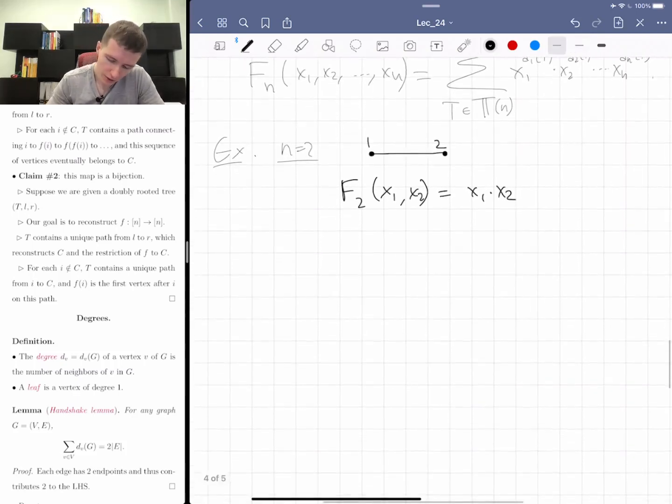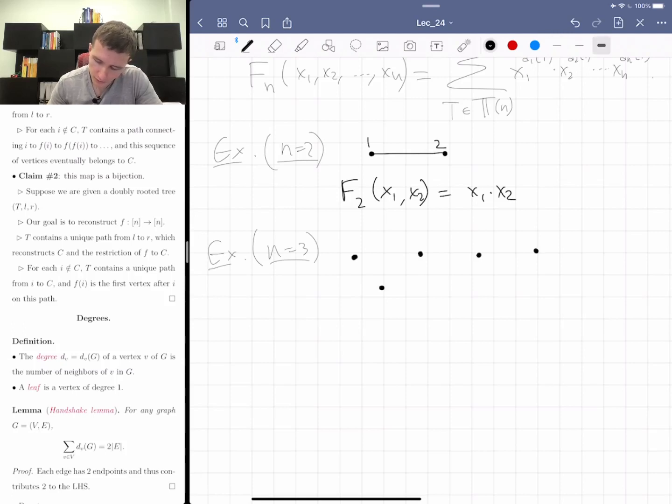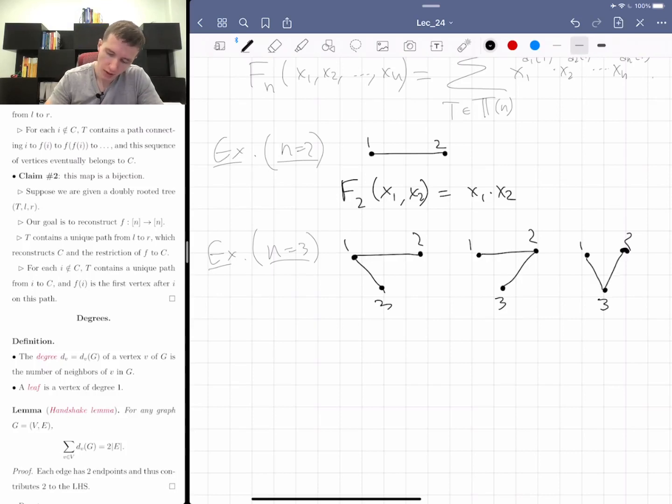Now let's try the next one. Example, n equals 3. I had 3 different trees. 1, 2, 3, 1, 2, 3, 1, 2, 3. And each of them, first of all, degrees are at least 1.